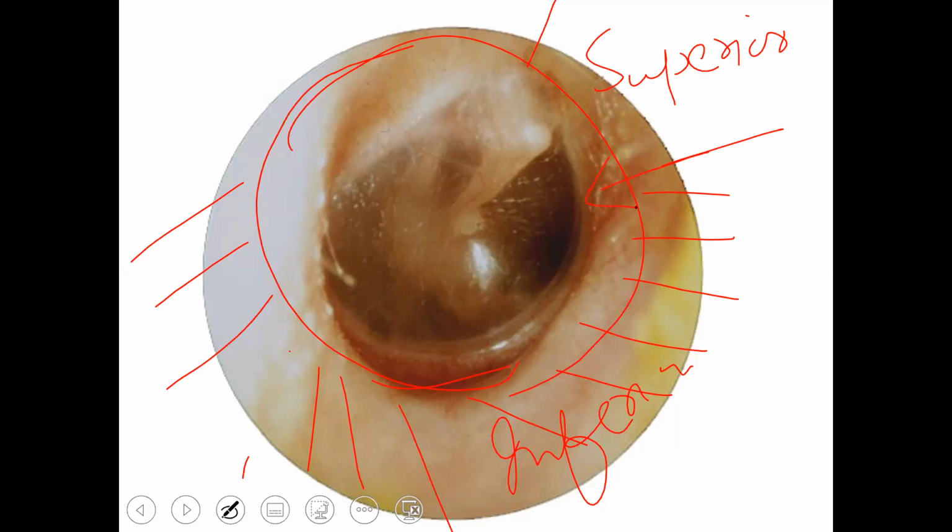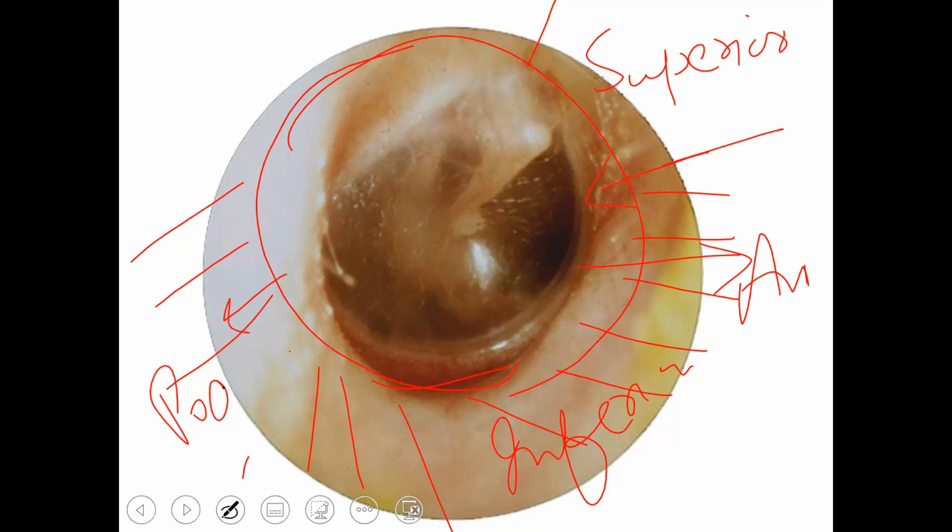You should also keep in mind this is an endoscopic picture of a tympanic membrane. So this is superior, inferior, and this obviously is the anterior part, and this is the posterior part.